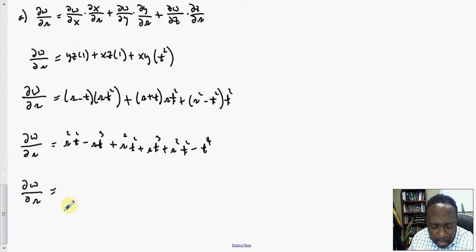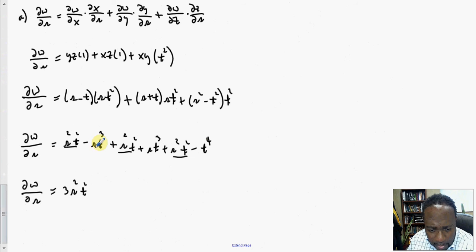Let's get the terms that are alike together. So s squared t squared, there's one there, one there and one there, so that's 3 s squared t squared.